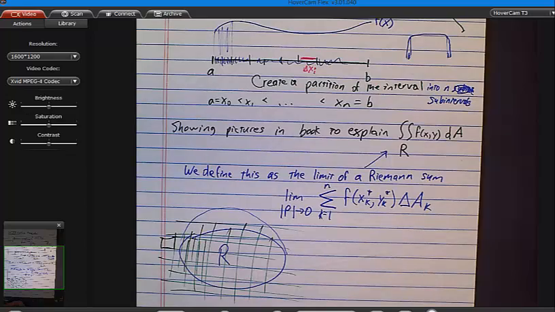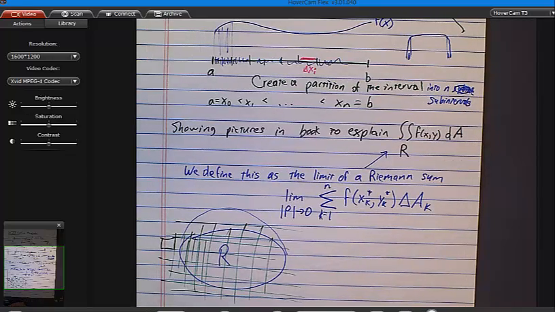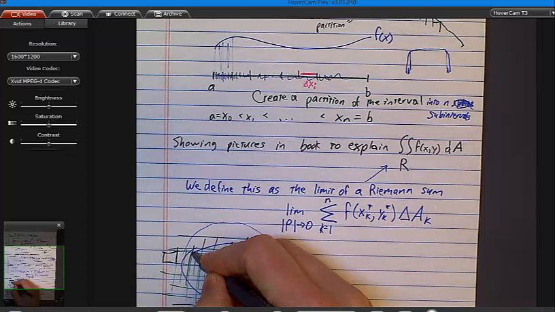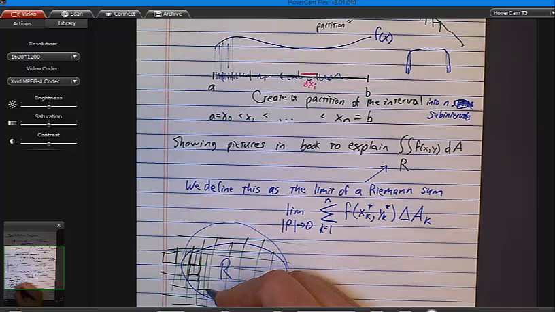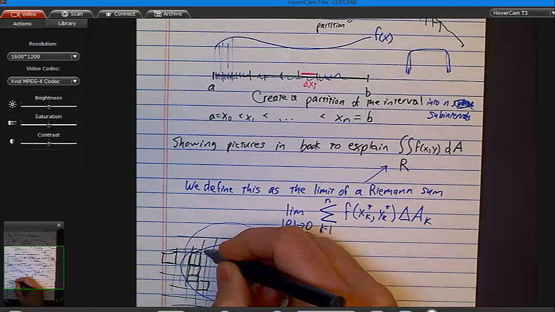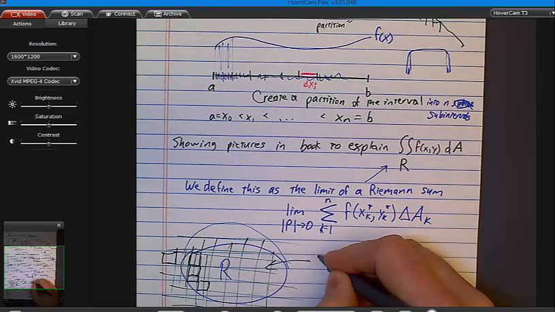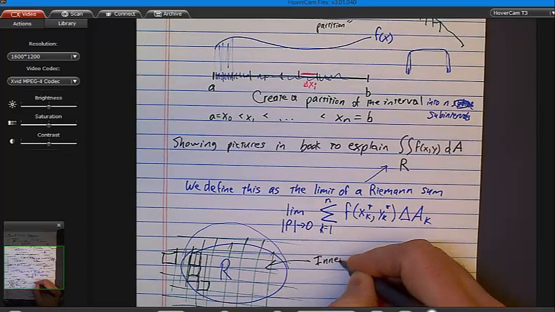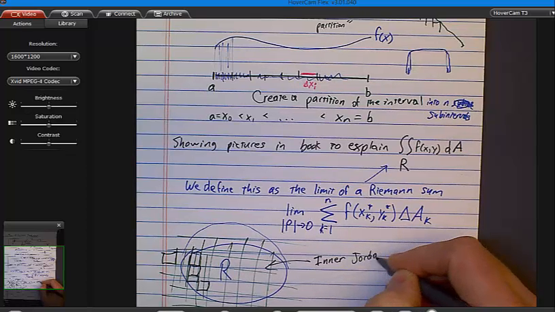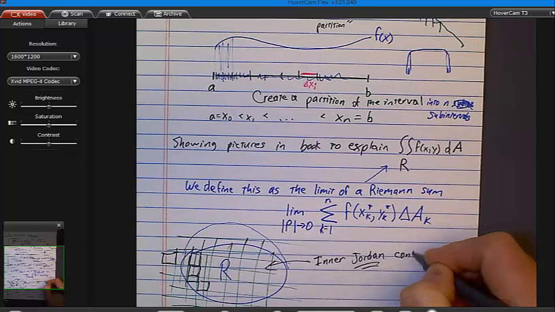You guys see that? That's an issue. So usually what's done is we only count the rectangles that are totally in my region. Okay? And we will get an inner, so this is sometimes called the inner Jordan, which is another mathematician, content.